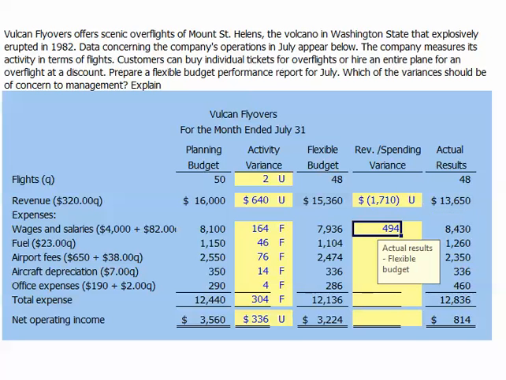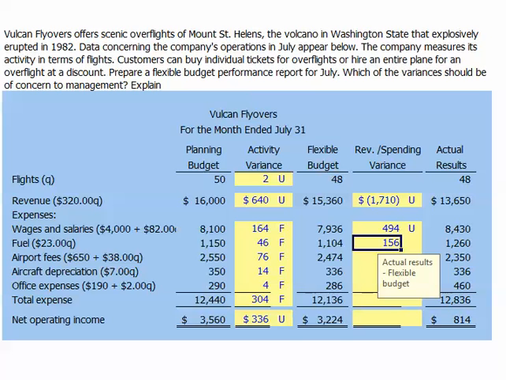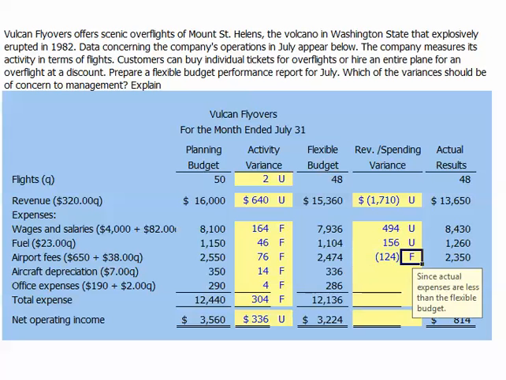In terms of wages and salaries, our actual wages and salaries are $494 more than our flexible budget amount, so that's an unfavorable variance. For fuel cost, our actual fuel costs were $156 higher than our flexible budget amount, which again is an unfavorable variance. Our airport fees were $124 less than our flexible budget, so this would be a favorable variance.